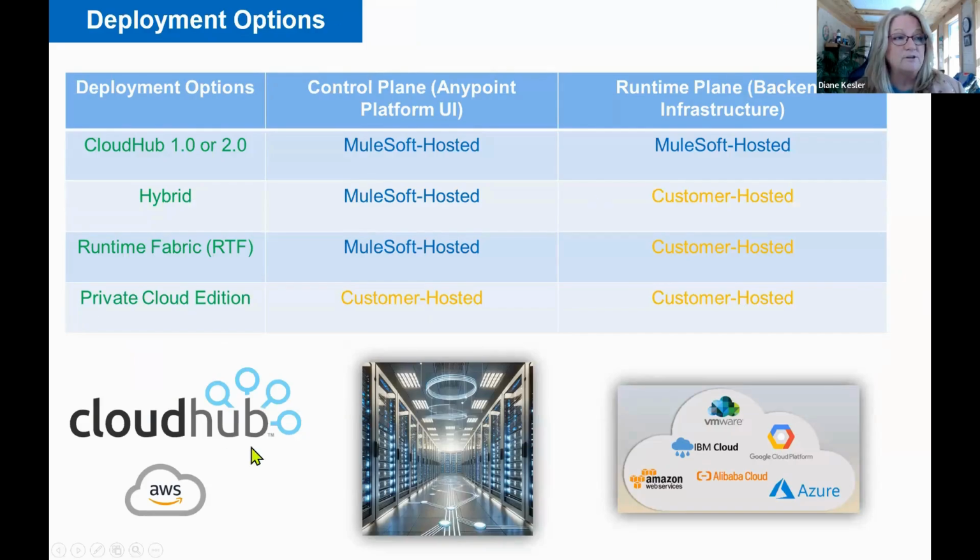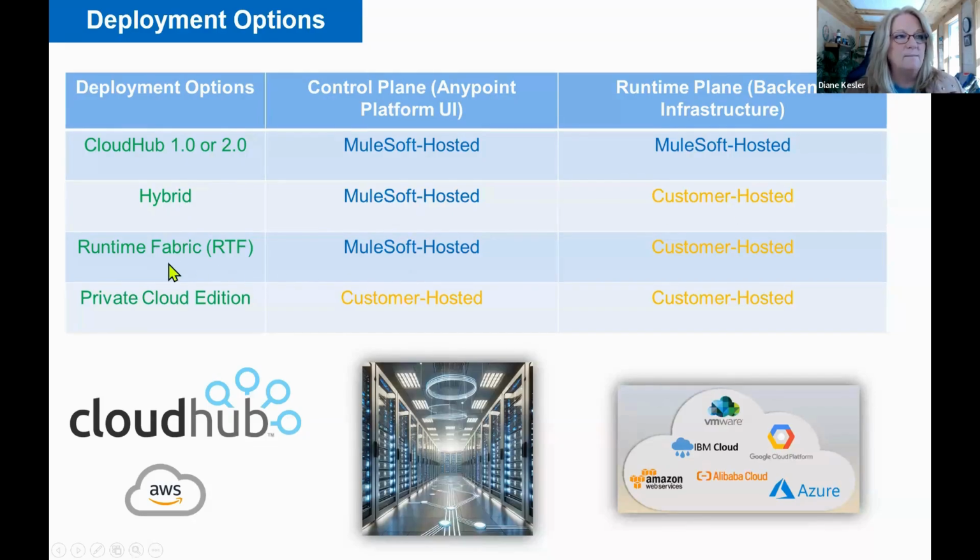This is the options, the deployment options. We've got CloudHub 1 or 2. And I know in our class, we pretty much focused on CloudHub 2 because 1 is kind of going out. It hasn't been set for end of life yet, but it'll happen sometime soon. Hybrid is our other option, and that's what we're going to talk about more in detail today, where MuleSoft is hosting that control plane, the anypoint.mulesoft.com, and the customer, or us in this case, is going to be hosting those servers.